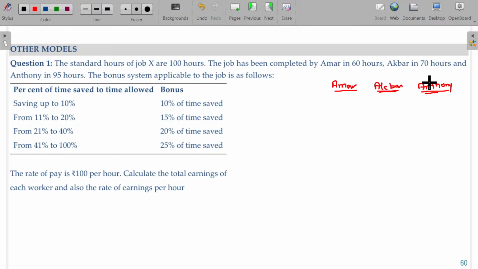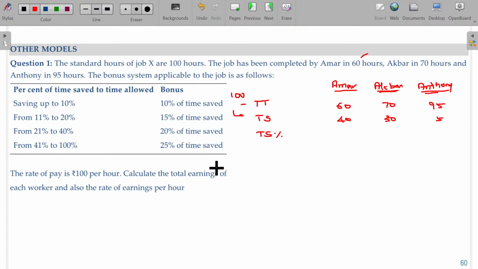Time taken being 60 hours, 70 hours, 95 hours. Time saved being 100 minus time taken will be the time saved: 40, 30, 5.